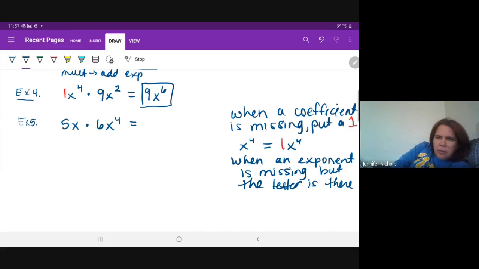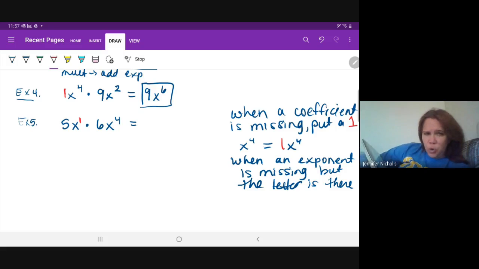Do any of you remember from last year, maybe, what number you would put in the exponent if it was missing? I'm changing to red to write it in. Let me go to the chat, see if any of you guys have answered me. Yes, it's a 1. So it's just like the coefficient in the front, you put 1 for the exponent.